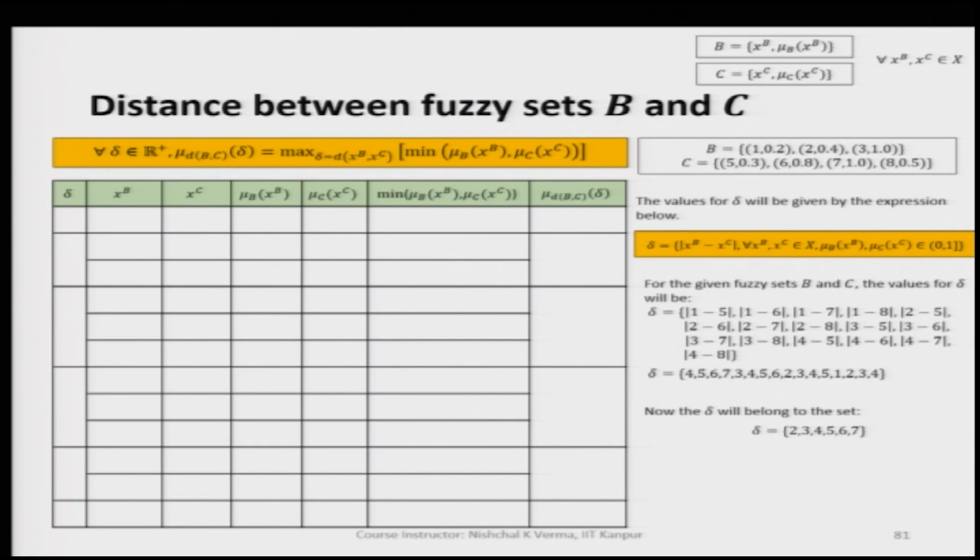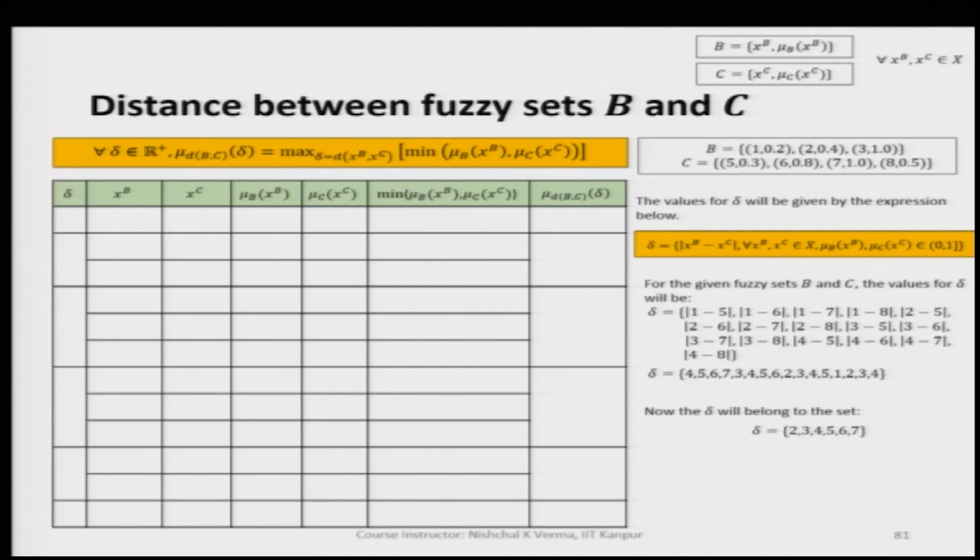We see that we do not find any pair which creates delta equal to 0. Similarly, we do not find any pair which creates the difference of 1, that is delta equal to 1. So delta equal to 0 and 1 we are not including in the set.